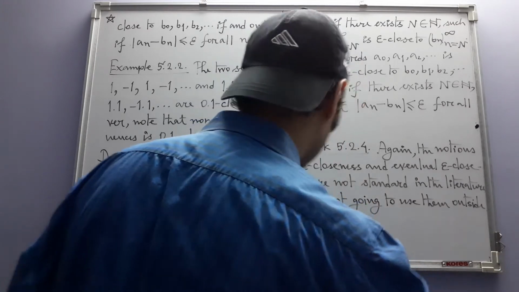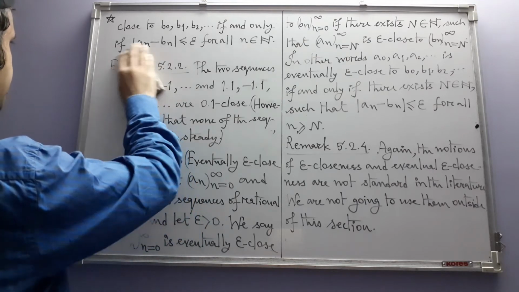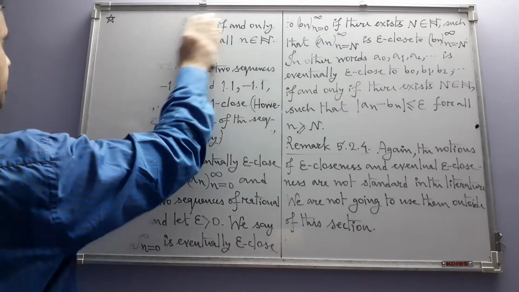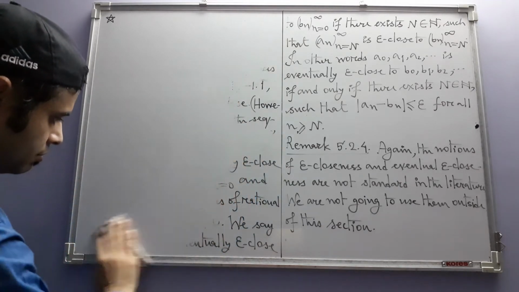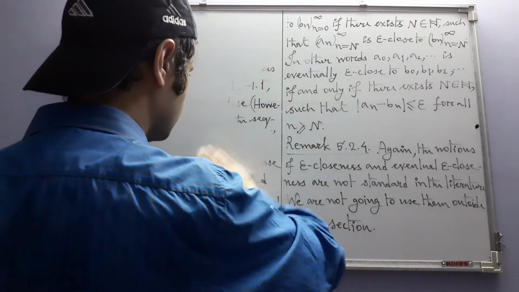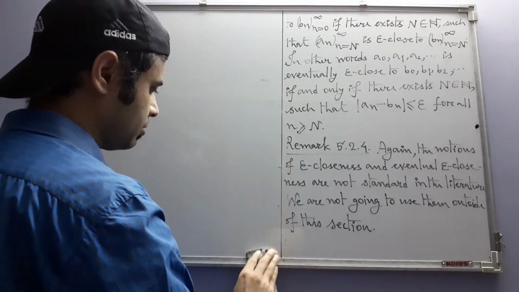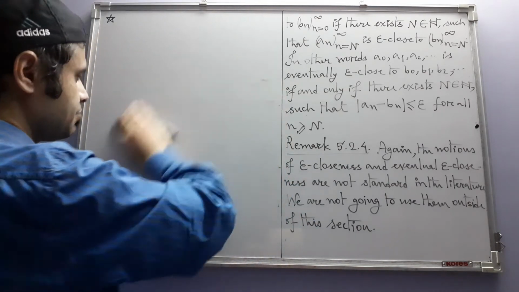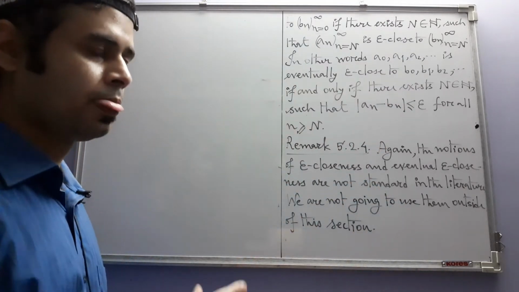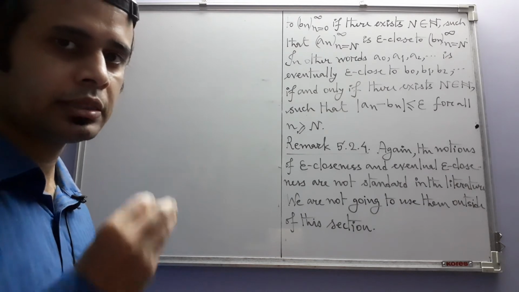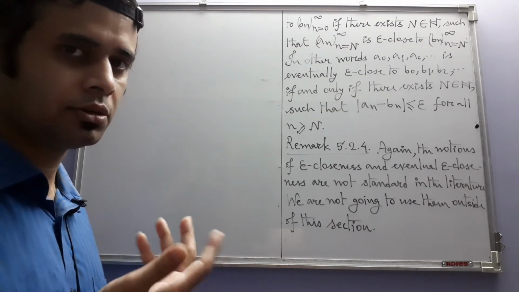Okay, now let's look at an example illustrating eventual epsilon closeness. The idea here is that one may get confused with epsilon steadiness, epsilon closeness, but the thing is that epsilon steadiness and eventual epsilon steadiness were devised for defining Cauchy sequences.